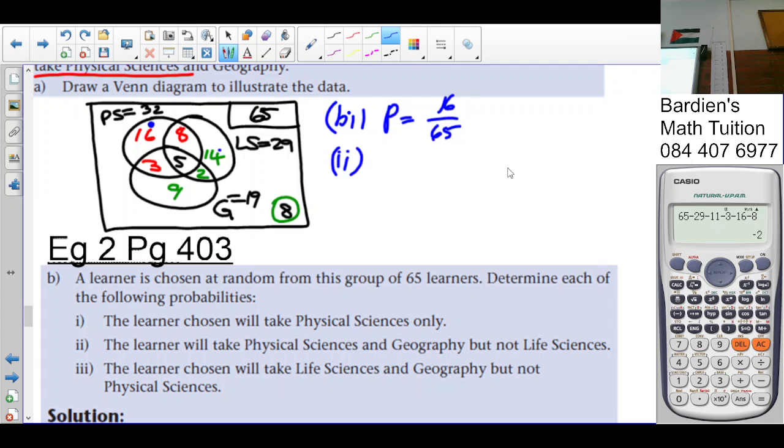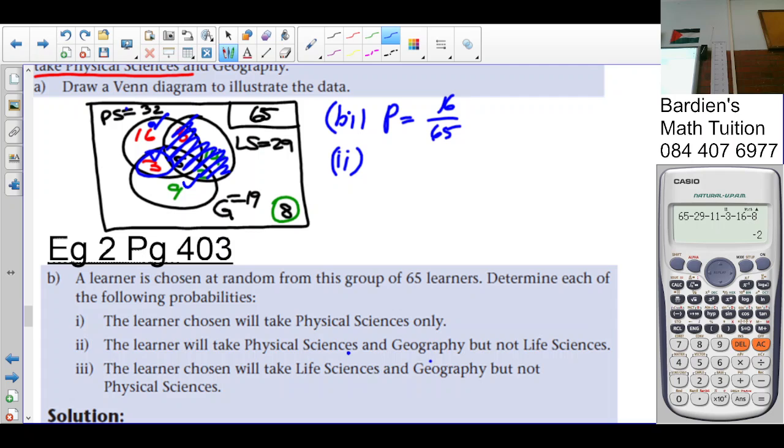Let's look at B2. The learner will take physical science and geography, but not life science. Physical science and geo, but not life science. So you're taking all of life science out. So physical science and geo, so it's 3. Can you see that, people? Whatever that said, physical science or geo, but not life science, then I would have said 16 plus 3 plus 9.